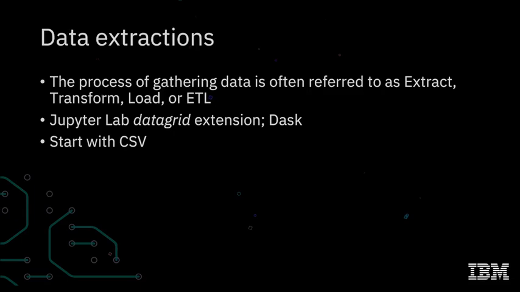Still today, data is frequently staged to facilitate collaboration, but there are tools now that enable more possibilities today than ever. Jupyter Lab has an extension called DataGrid that allows it to read delimited files with millions or even billions of rows. Tools such as Dask can help you scale your analysis with such massive data sources.